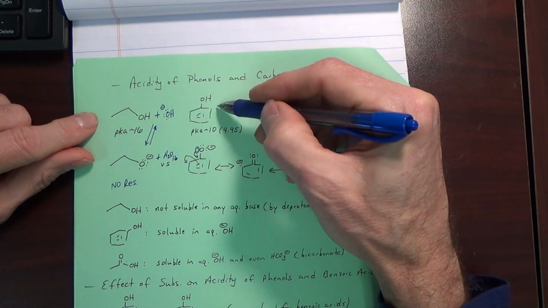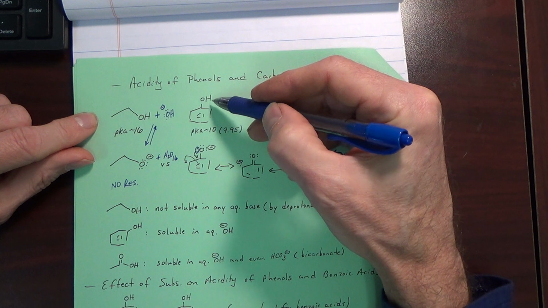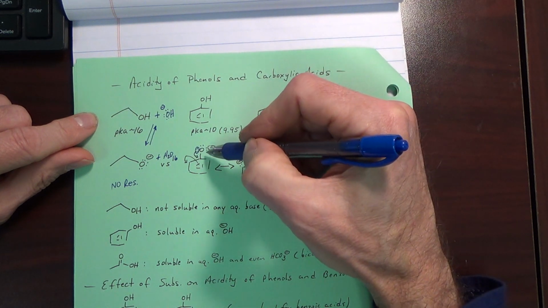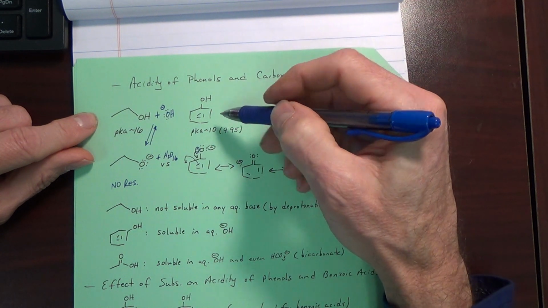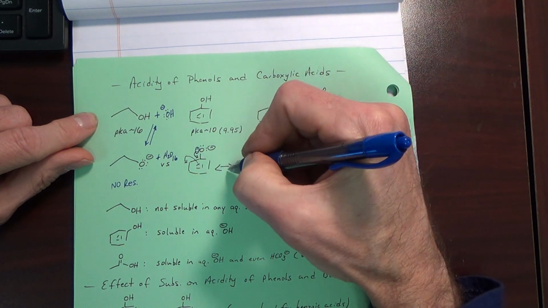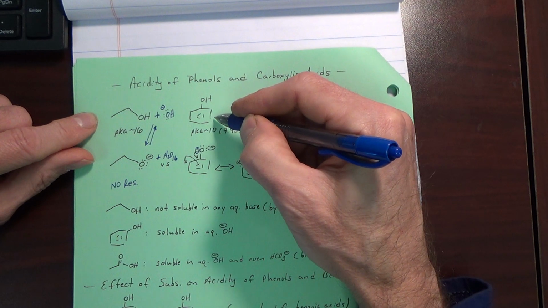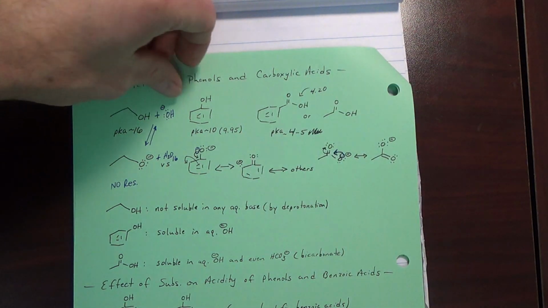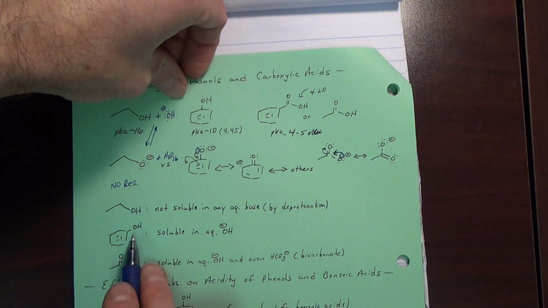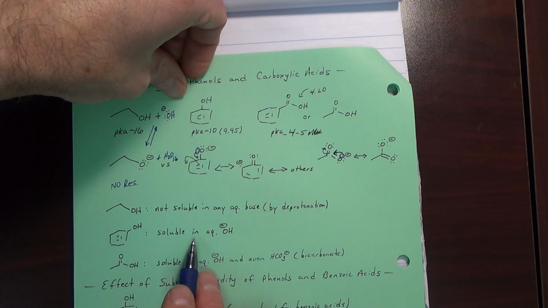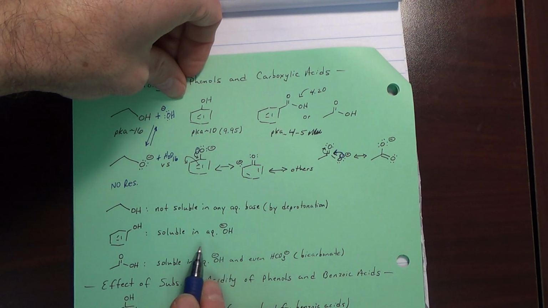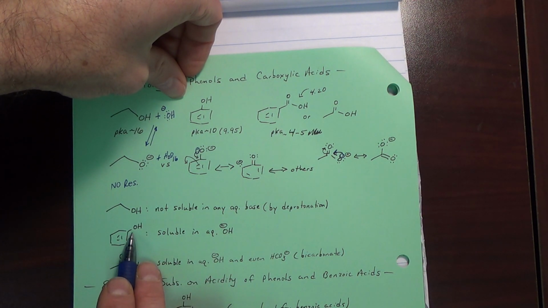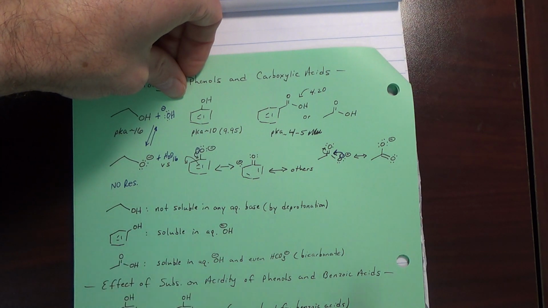But if you react phenol with hydroxide, you would get the phenoxide plus water. That would be 10 and 16. Weaker acid favored would be water. You would see that this reaction would be favored by 10 to the 6th, and thus the phenol is soluble in aqueous sodium hydroxide because it's going to be converted to the phenoxide water-soluble anion.